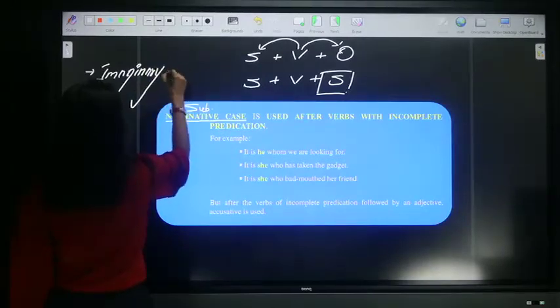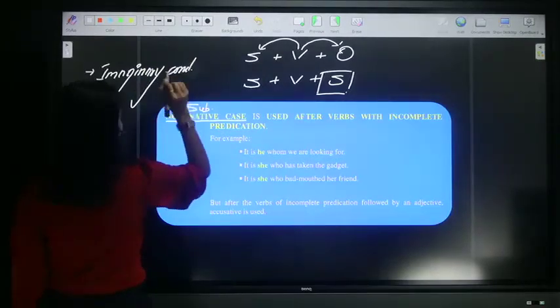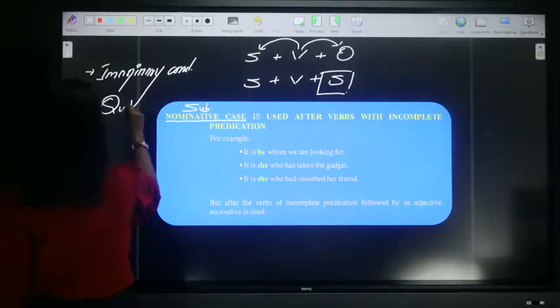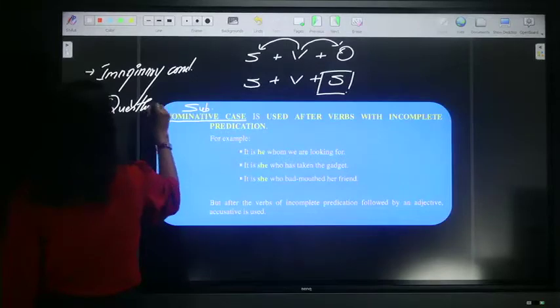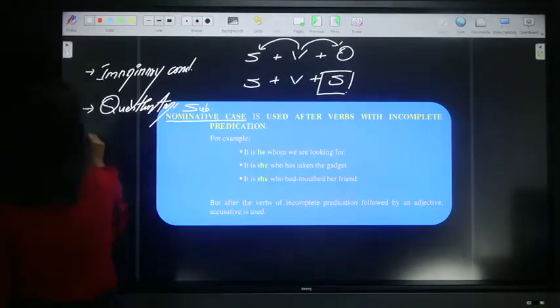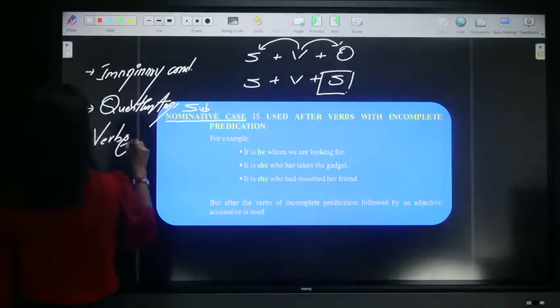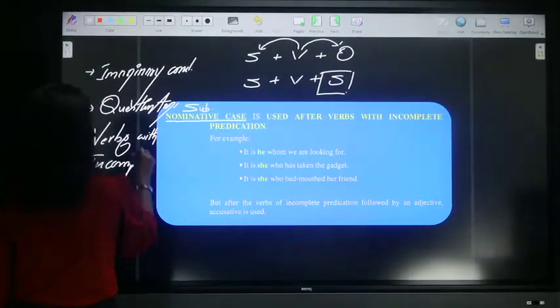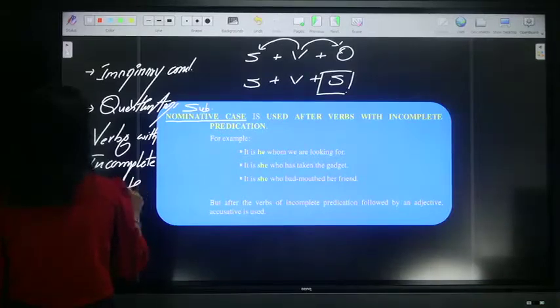Case 2, in question tags. Case 3, in verbs with incomplete predication.